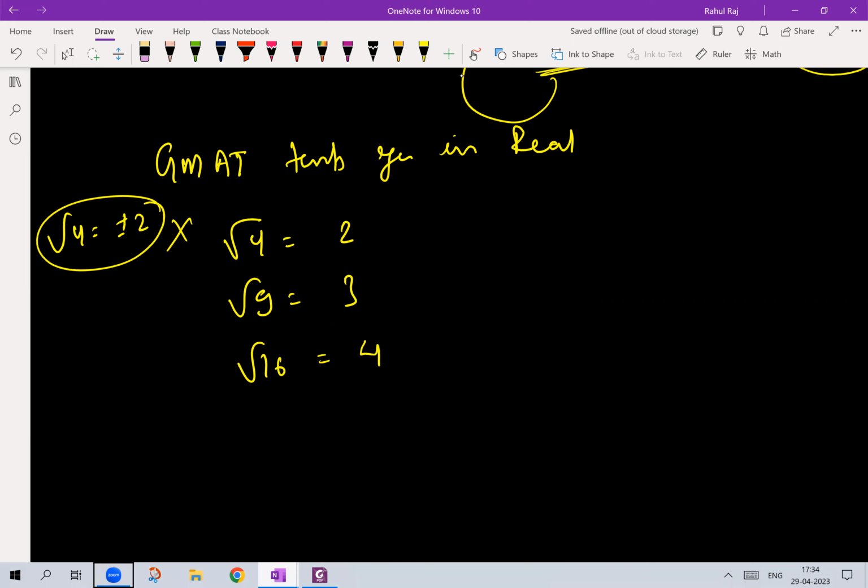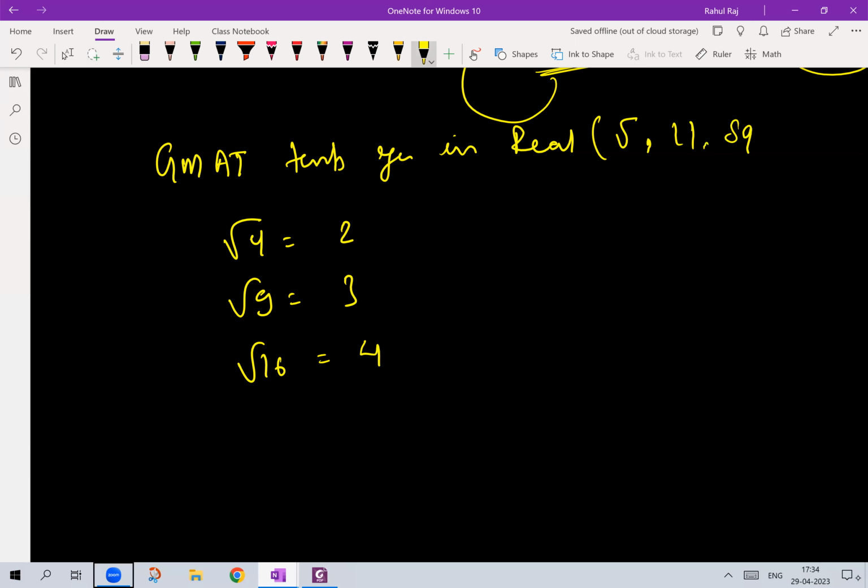So just ensure that root 4 is 2. Roots are always positive. So please understand roots, mods, and squares are always positive with respect to any competitive exam. So root 4 is 2, root 9 is 3, root 16 is 4. There is no plus minus 2, plus minus 3, plus minus 4.